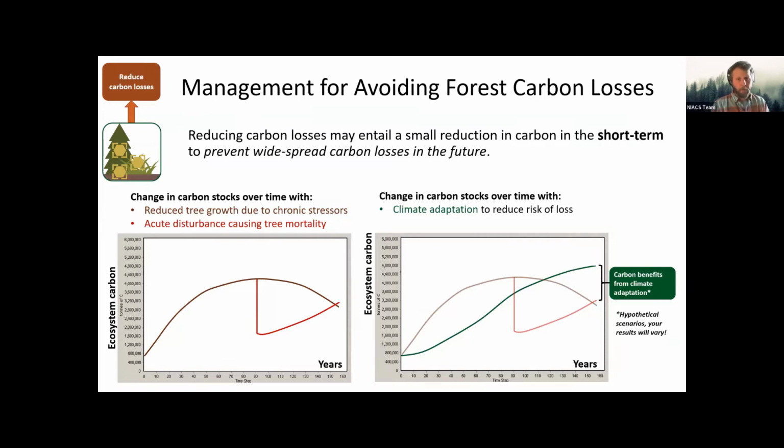And really the point that I want to emphasize here is that it's important to be thinking about these processes over long periods of time. We might have goals for carbon that relate to short-term goals for 2030, goals for 2050.